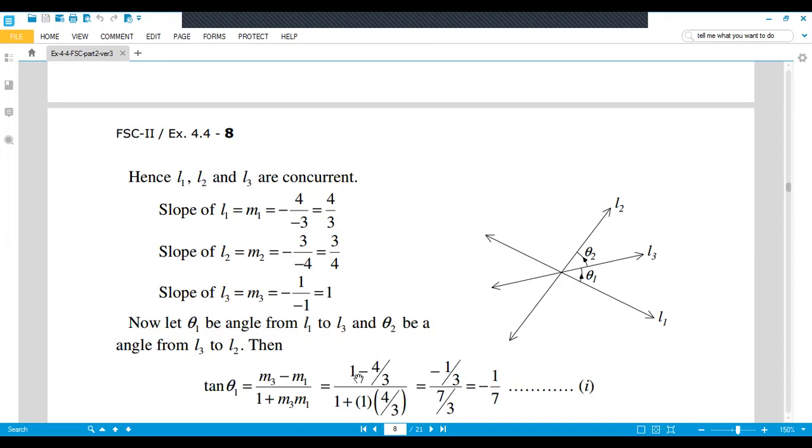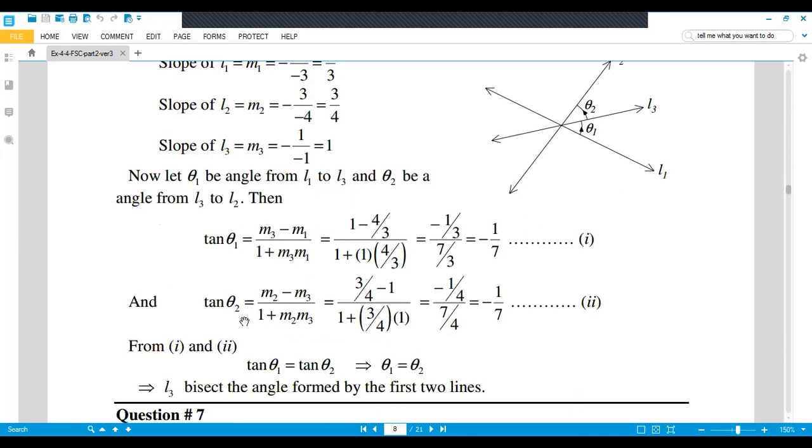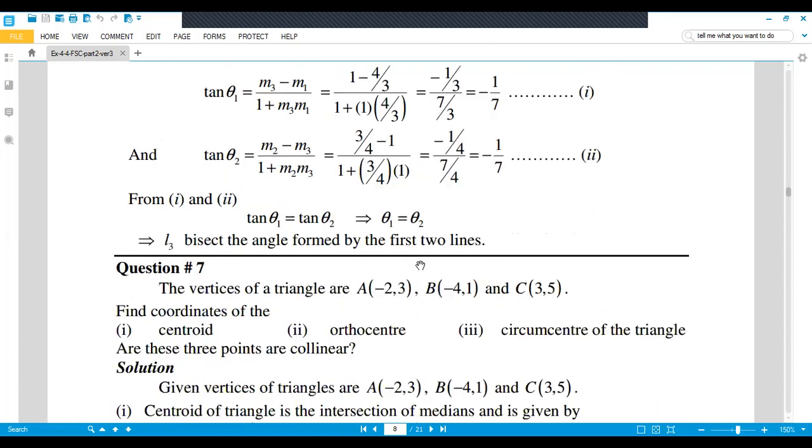So when we simplify, we take LCM, we get minus 1 over 7. For theta 2, we do m2 minus m3, because this is between L2 and L3, over 1 plus m2 m3. So we get minus 1 over 7. Now tan theta 1 is equal to tan theta 2. Tan cancels from both sides. Theta 1 is equal to theta 2. So L3 bisects the angle formed by the first two lines.